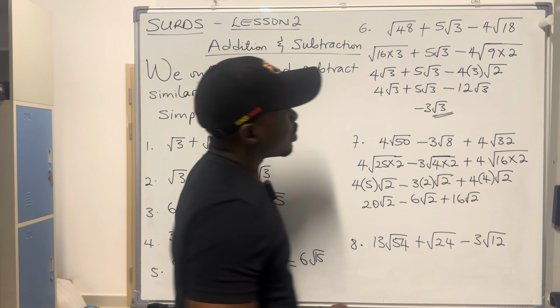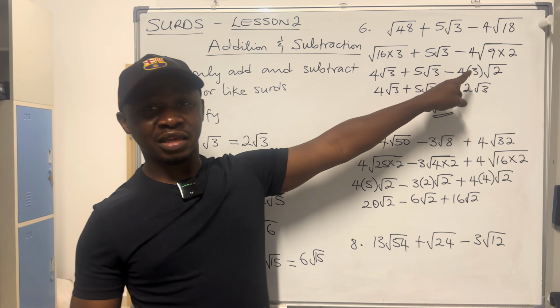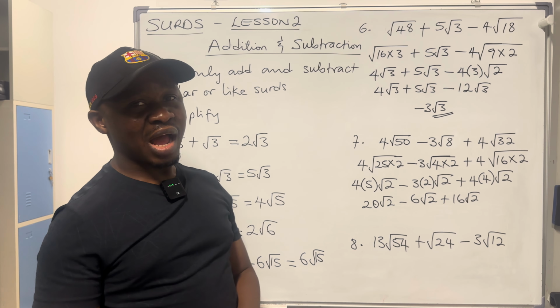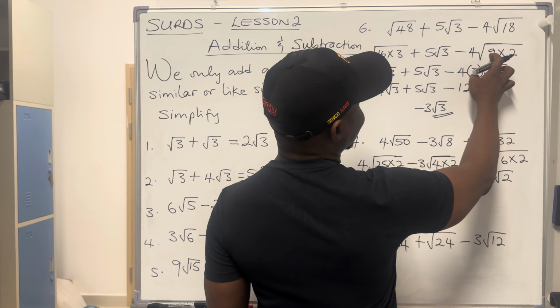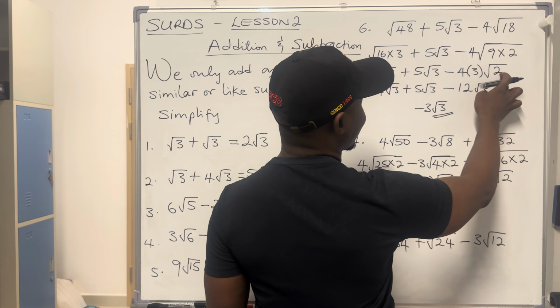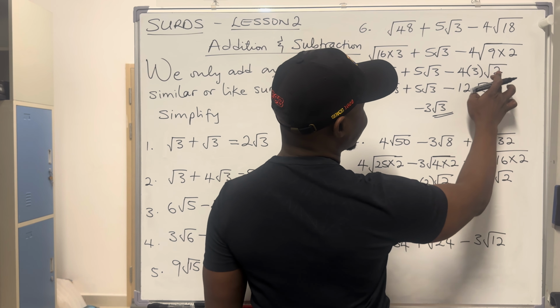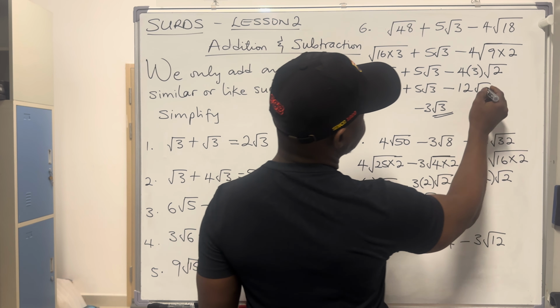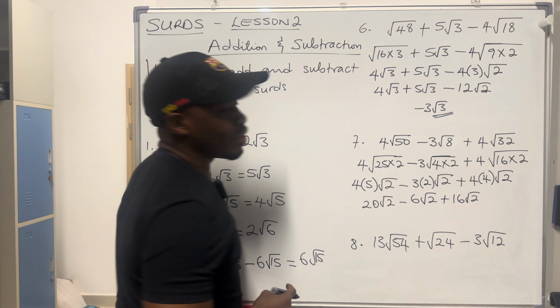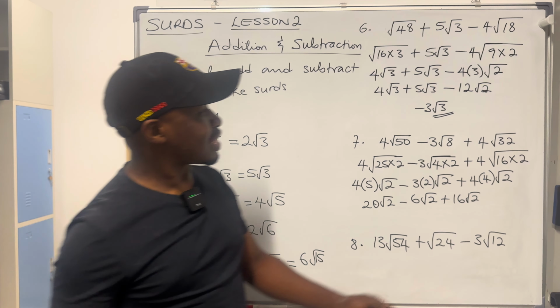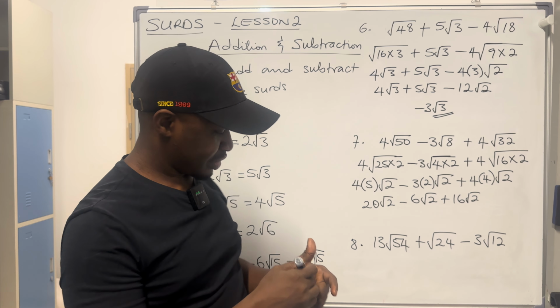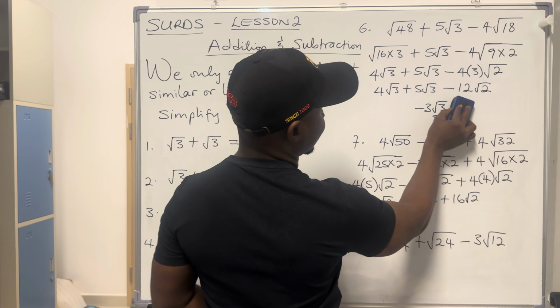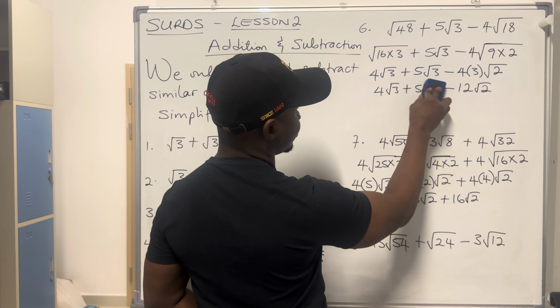Okay, I'm sorry that I made a mistake here. I'm happy that I haven't sent the video online. This is 9 times 2, and this 2 remains inside the root, so it should be 2 here, not 3. So this one cannot be added to this.